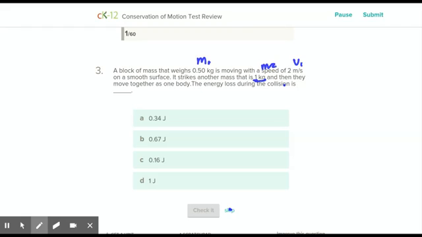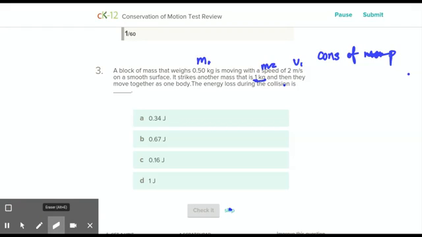Okay, so energy loss during the collision is, actually I explained this question in the previous video, but overall you have to use the conservation of momentum to find your v3.